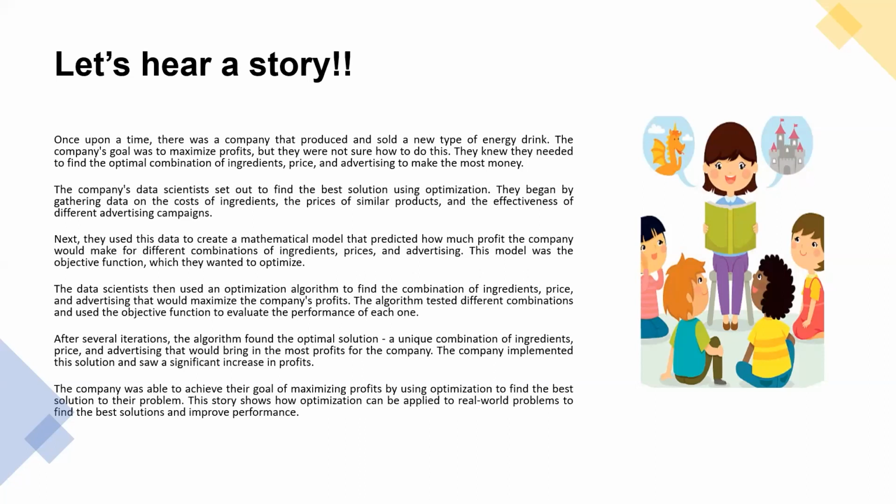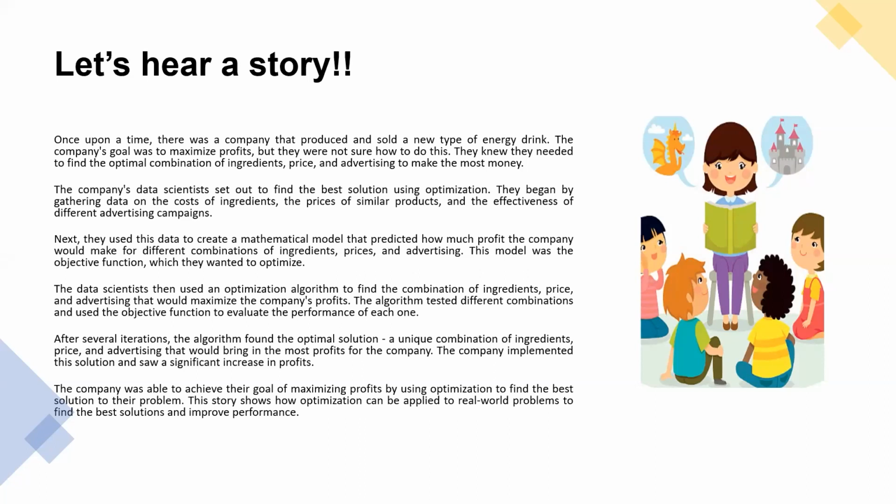We data scientists will say that. So the company's data scientists set out to find the best solution using optimization. They began by gathering data on the cost of the ingredients, the prices of similar products, and the effectiveness of different advertising campaigns.